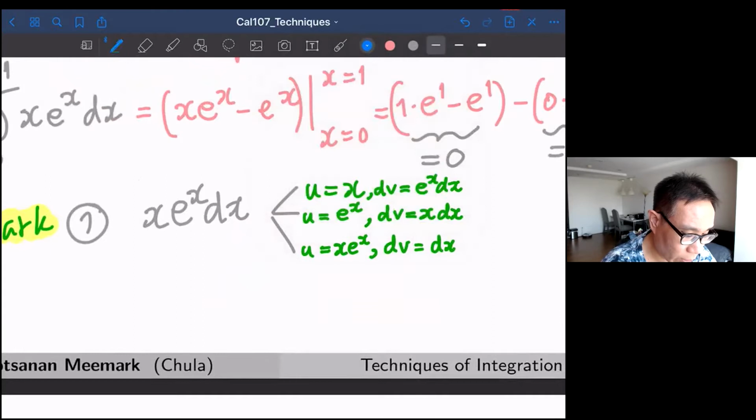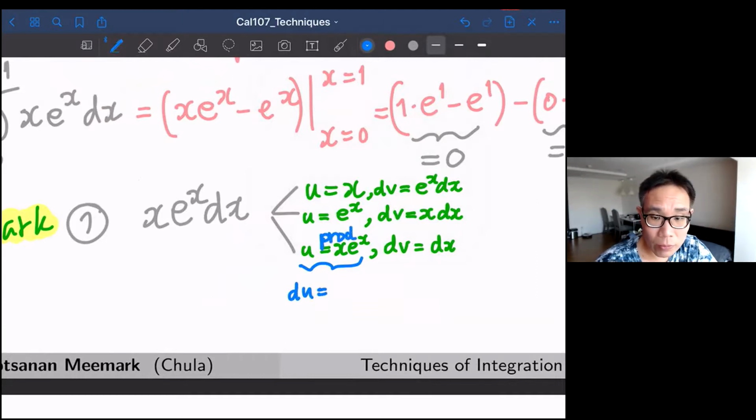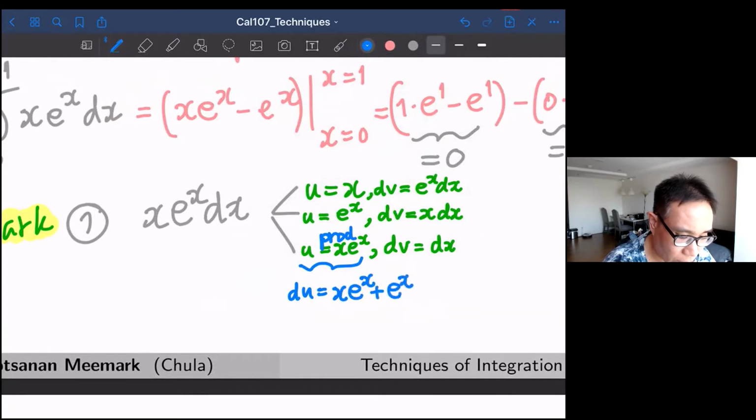For the third one, you have u equal to x e to the x. In this case, you compute du, and you see that this is a product, so in order to compute du, you need to use the product rule: the first times the derivative of the second plus the second times the derivative of the first. So it looks like this, and you have dx.